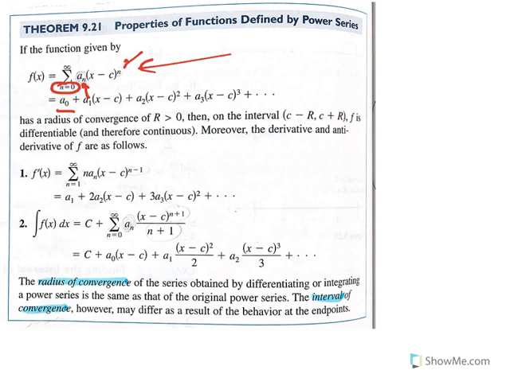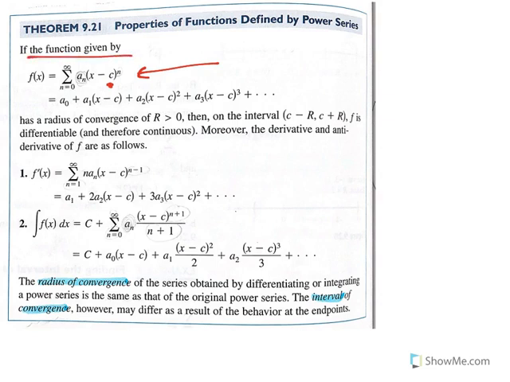And then you have a sub 1 times x minus c to the first power. You have a sub 2 times x minus c to the second power, a sub 3 times x minus c to the third power, and so on. So that's pretty straightforward. What we have is a power series centered at c.